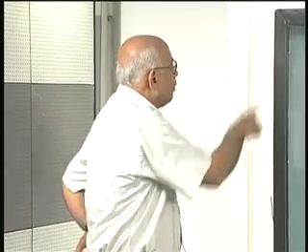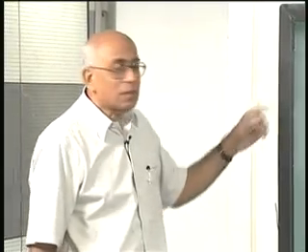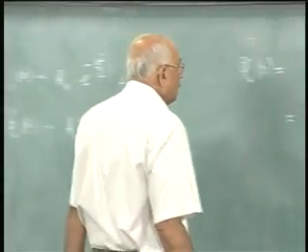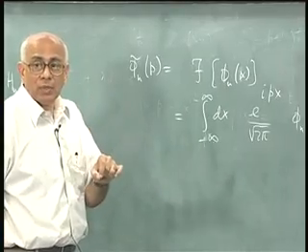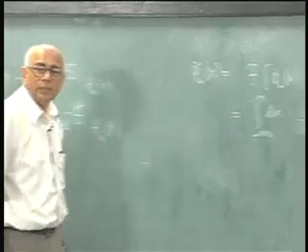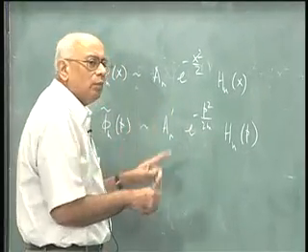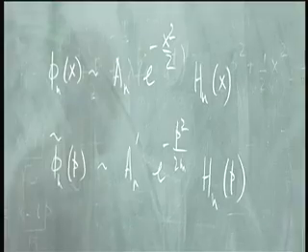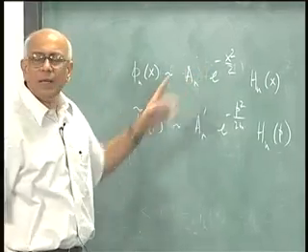In this case we got something better. It says phi n of p has the same functional form as phi n of x, exactly the same functional form. So this is like an eigenvalue equation, and apart from an overall multiplicative constant whose modulus is 1, this and that are exactly the same.